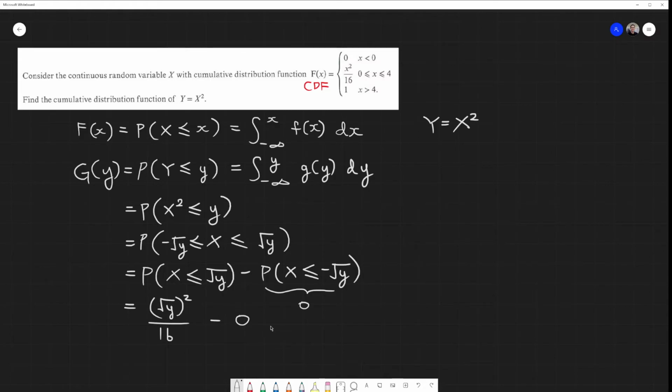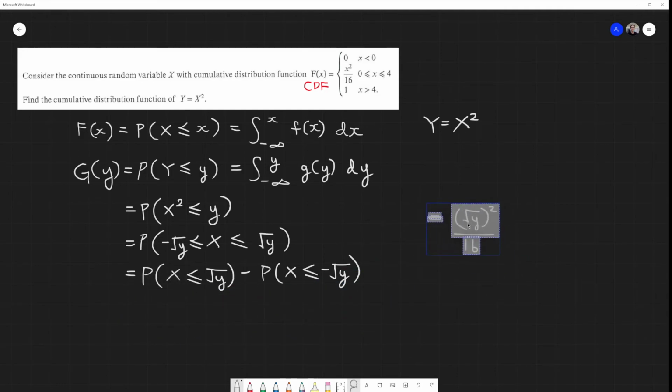Okay, so this one is valid for the domain 0 to 4. So technically, I should write it like this. Okay, so this is G(y).